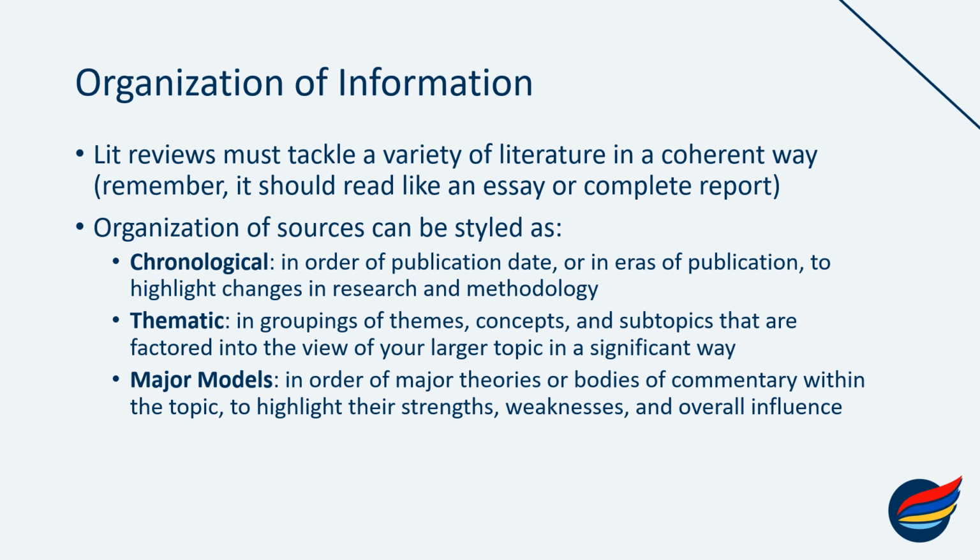Another organization type is thematic. Thematic organization is best when there are multiple branches or subtopics of your research. The final approach is the major model. This is best used when there are a few different accepted theories on the topic, where there is some disagreement or a variety of perspectives on the situation.